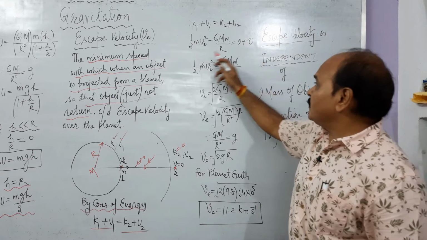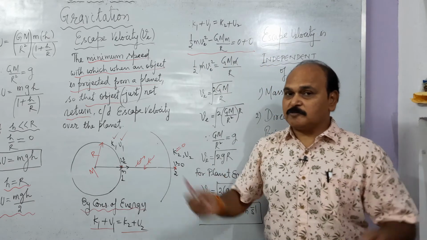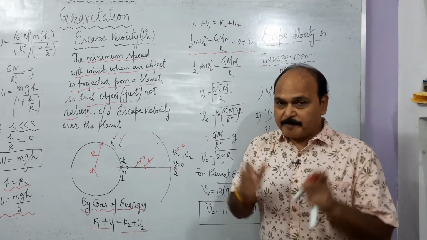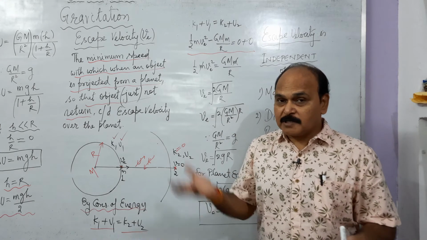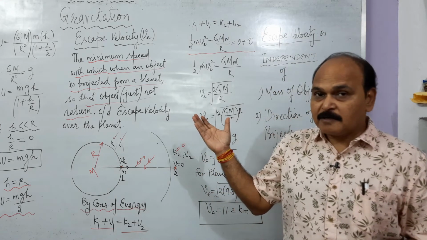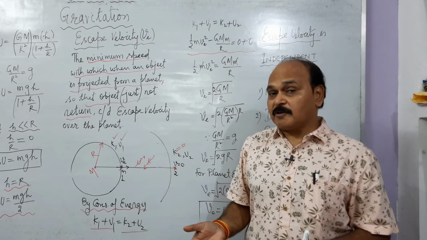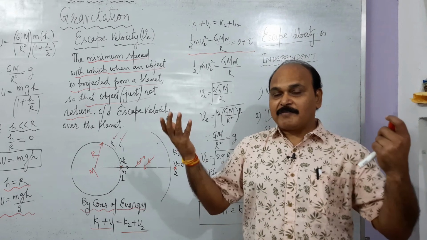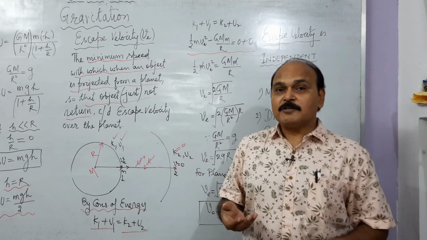See children, something very interesting here. Kinetic energy is always positive. The minimum value of kinetic energy is 0 and the maximum value of kinetic energy can be infinite. Potential energy of an object is always negative. Gravitational potential energy of an object is always negative, and the maximum value of gravitational potential energy can be 0. So what is happening here?